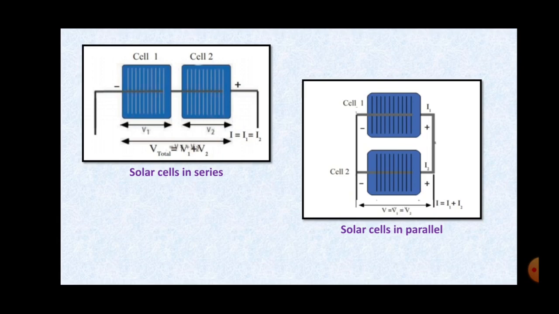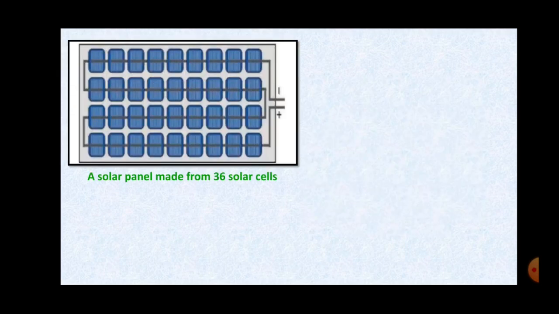So this is how solar cells are connected to convert the solar radiation energy directly into electric energy. In this way, solar cells are connected either in series or in parallel, and the required amount of electric current and potential difference can be generated.